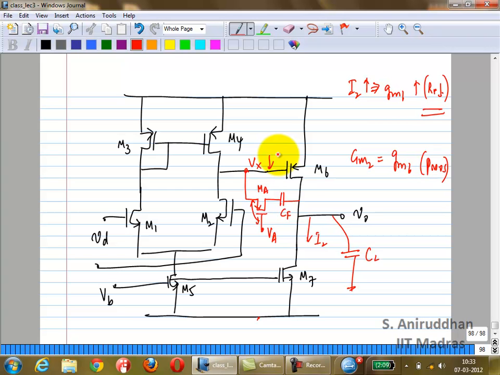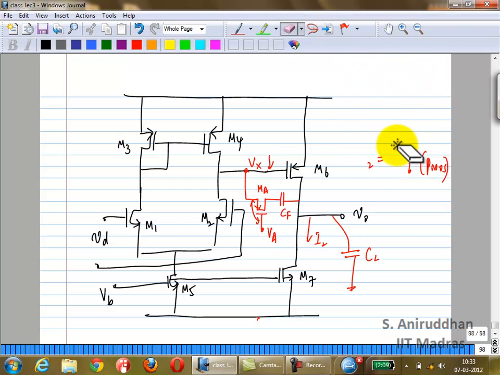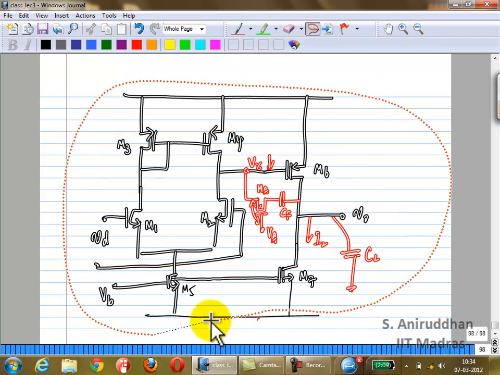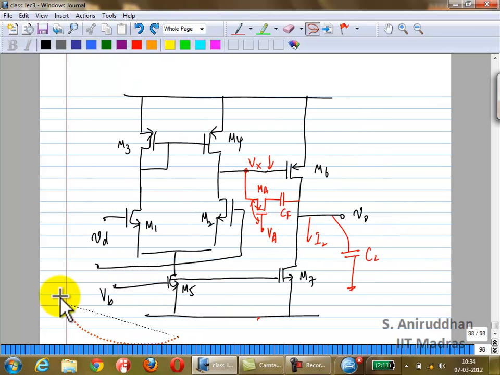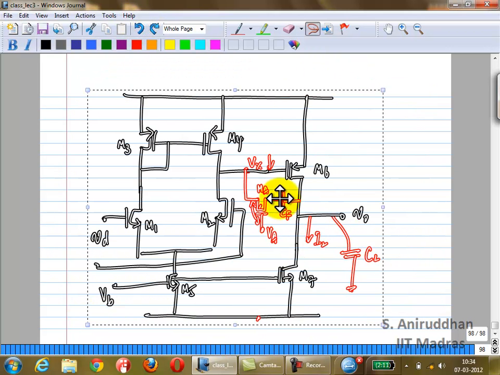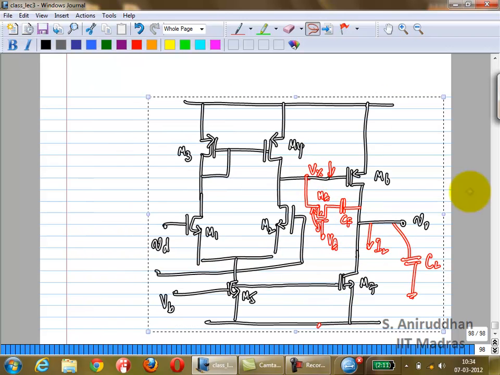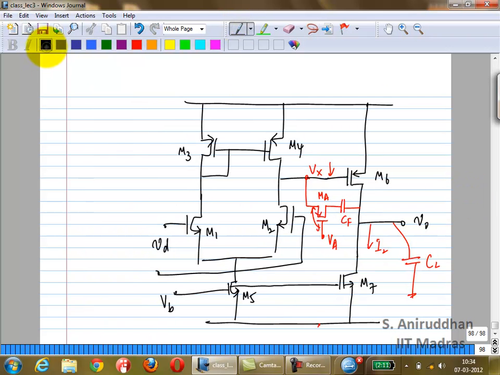Okay, so what we'll do is, I'll erase part of this. The circuit which generates VA, I'm going to draw it on the left.